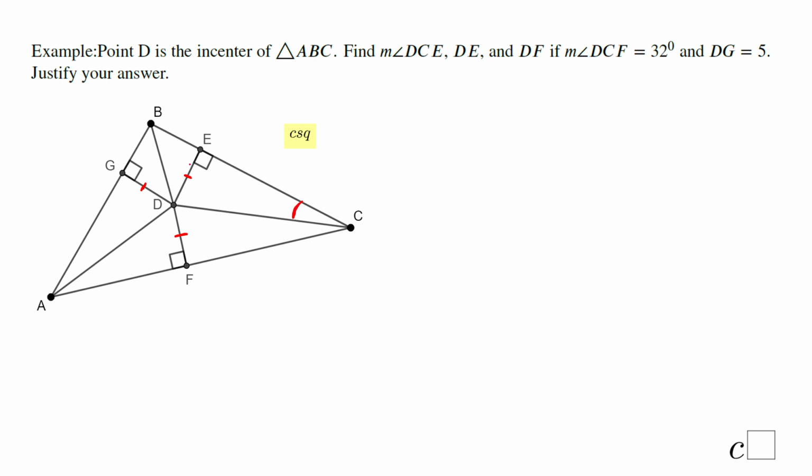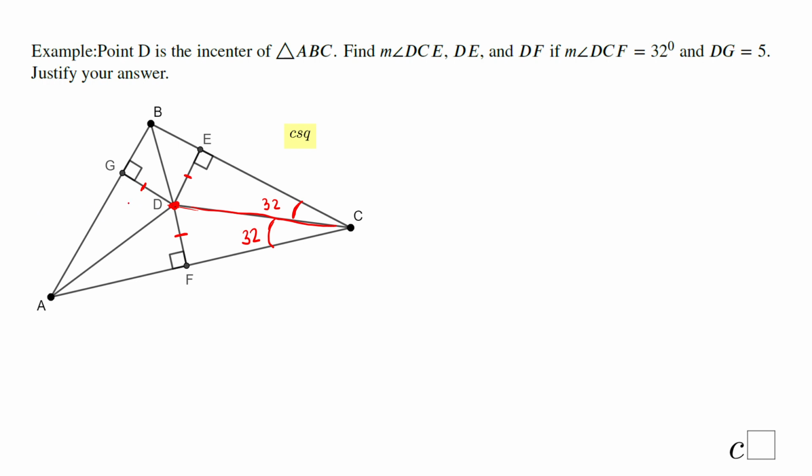We need to find how long DE is, how long DF is, which are equal, if the measure of angle DCF, this angle, is 32 degrees. Now you notice I mark this angle the same as the previous one, because these 2 angles are the same. This is the incenter, so that means DC is the angle bisector. And like I said, DG is 5.